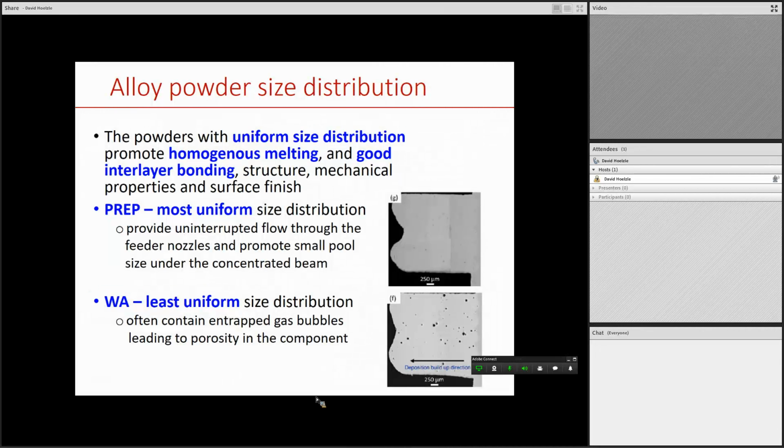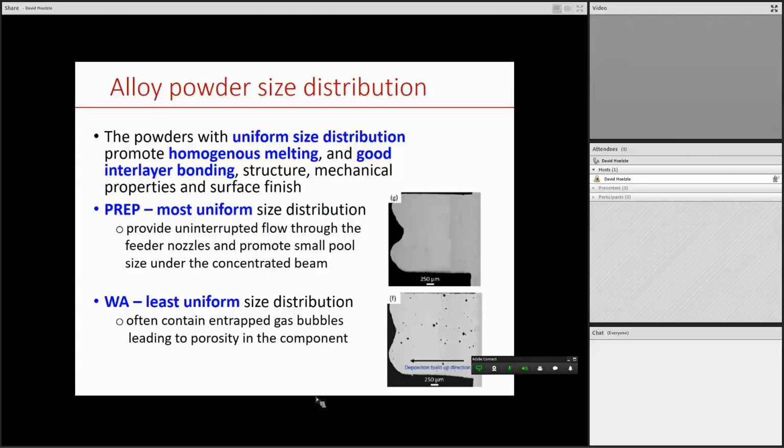For example, the PREP is the one with most uniform size distribution, and you can see from the optical image, the parts has very low porosity, but with water atomization, which has the least uniform size distribution, parts often contain gas bubbles and lead to porosity in the component.